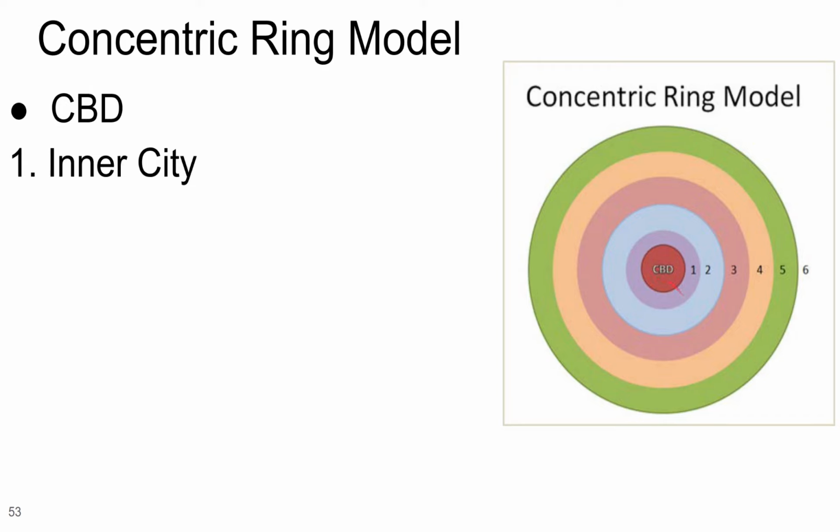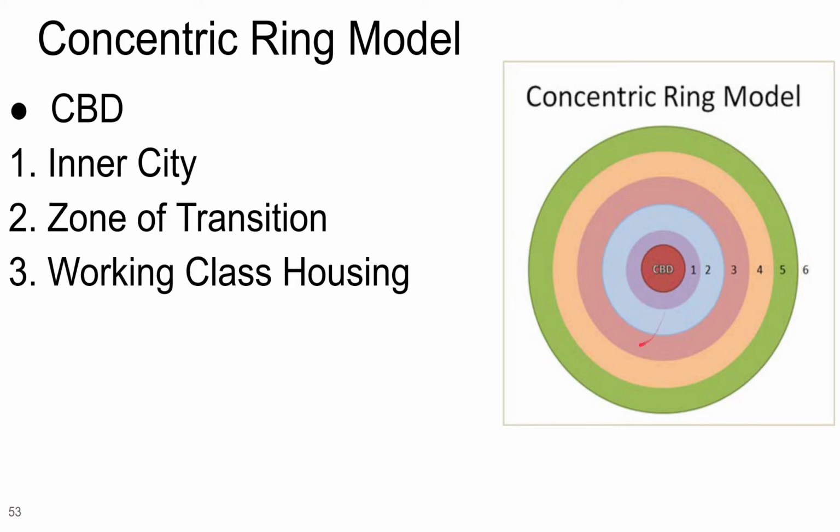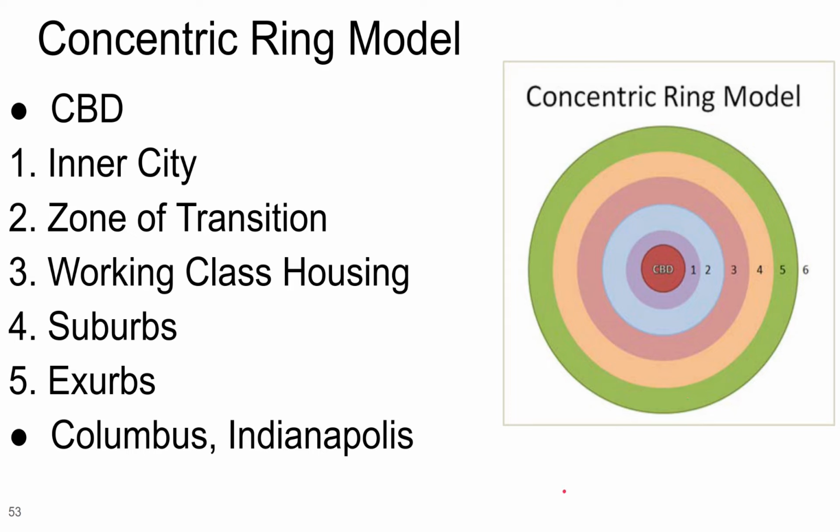So we've got the central business district where the rent is the highest. That's where the skyscrapers are. That's where the expensive buildings are. And then you have the inner city, a zone of transition, working class housing, suburbs, exurbs. Examples of cities that have this concentric ring model would be Columbus, Indianapolis, with the most expensive land in the center.